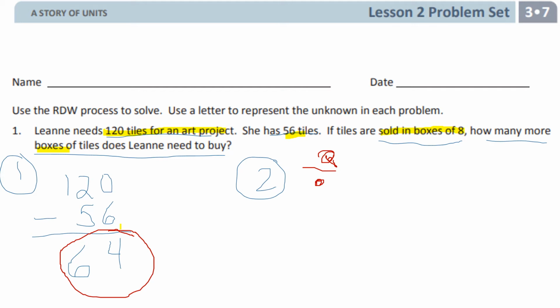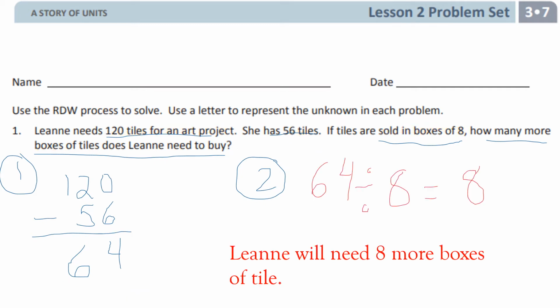All right, and I'm going to go on to show you the answer. If you need more time, just press pause. So here you can see I wrote 64 divided by 8 equals 8. So I wrote, Leanne will need 8 more boxes of tile. Why did I write a sentence? Because we had the RDW. So I showed my work. So I really didn't even need to draw it.